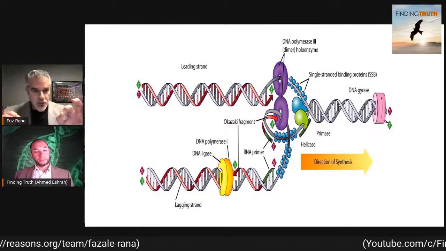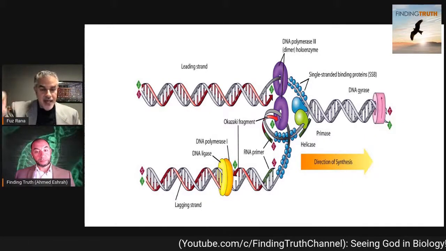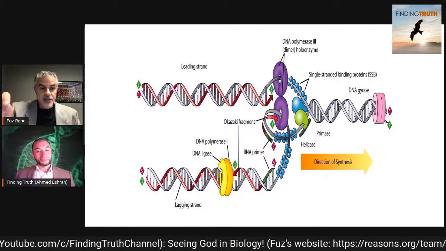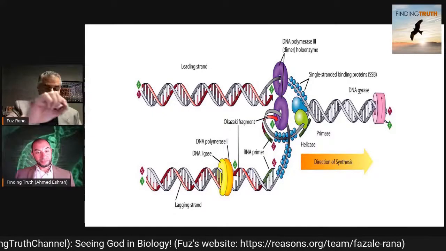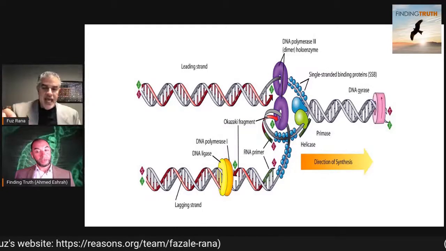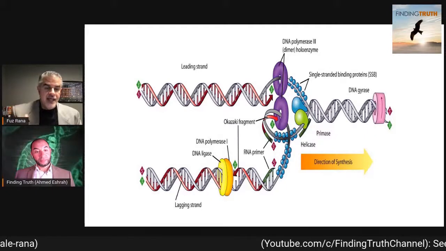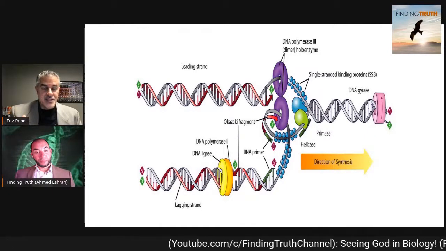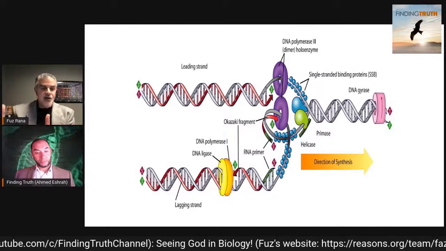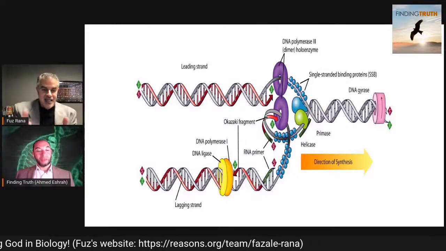Eventually, when it gets to a long enough length, the DNA polymerase will then add the very first DNA subunit to the growing daughter strand at that RNA primer. And this actually happens over and over again on the discontinuous strand, or the lagging strand. So every time you make a new Okazaki fragment, you've got to lay down a primer first. So it's a very involved process.